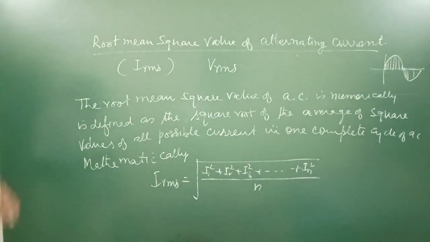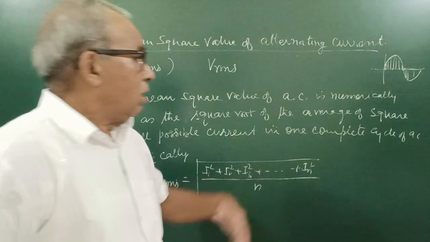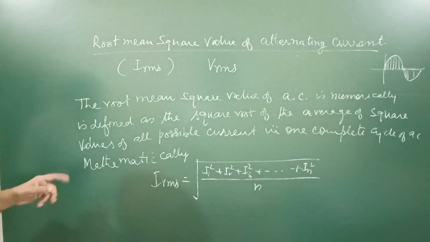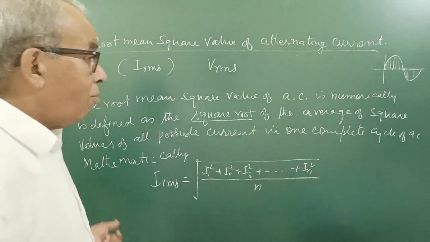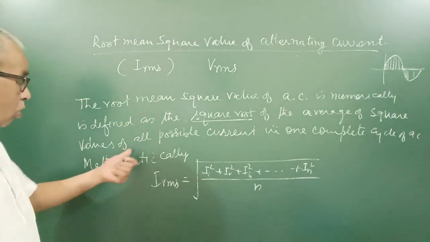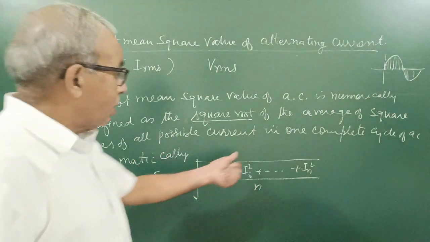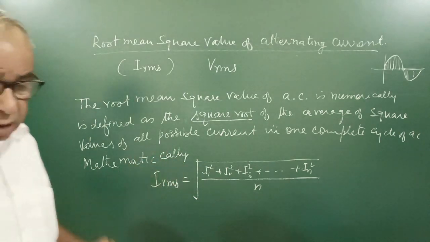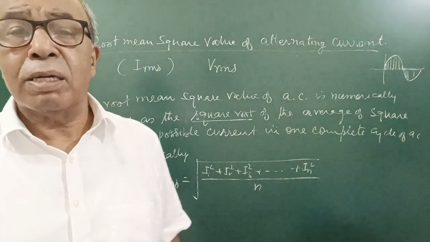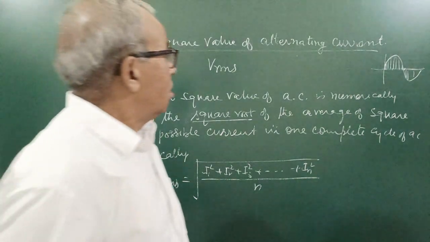I have written here that the root mean square value of alternating current AC is numerically defined as the square root of the average of the square values of all possible current in one complete cycle of AC. This is simple mathematics.